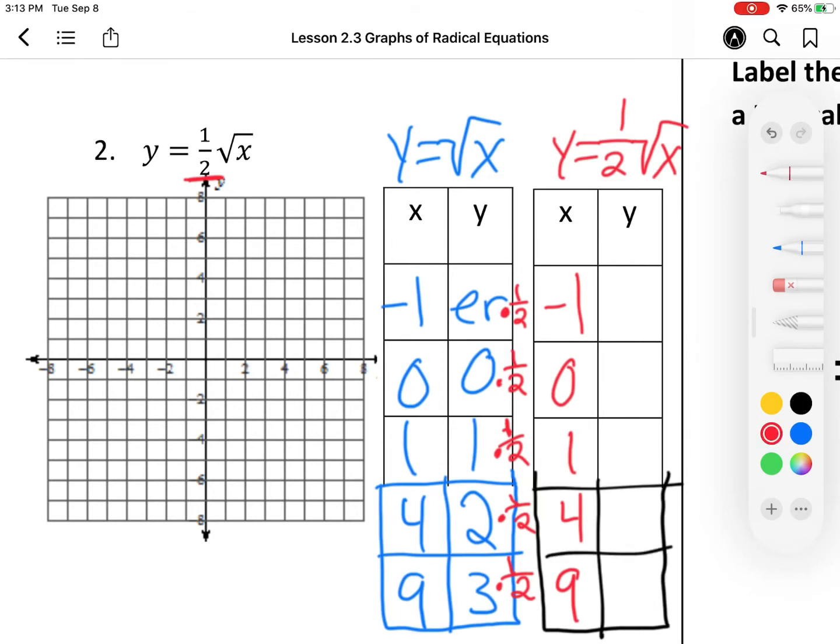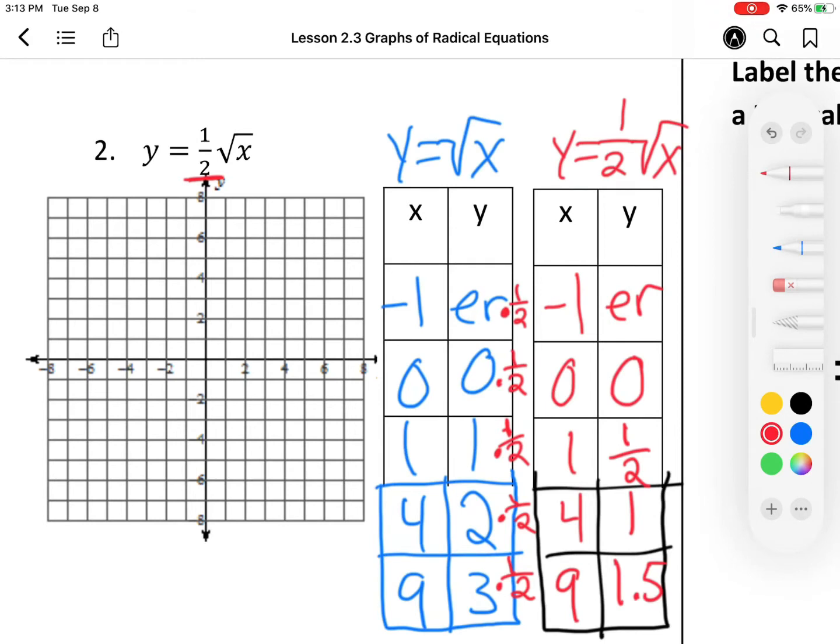And error times 1/2 is still error. 0 times 1/2 is still 0. 1 times 1/2 is 1/2. 2 times 1/2 is 1. And 3 times 1/2 is 1.5.